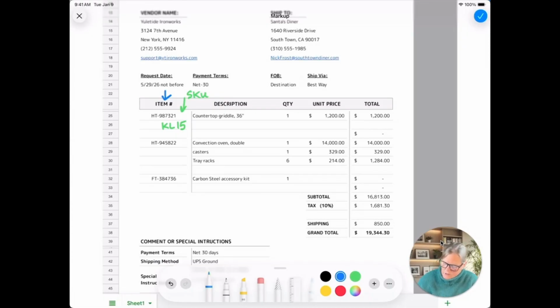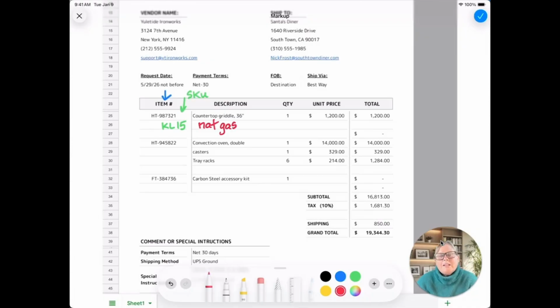So now we're moving over to the description. If you'll notice here, it says countertop griddle 36 inches. There's obviously information missing. First of all, you don't have a gas type. Typically, unless you're high altitude, you're going to have natural gas. So you should have had natural gas underneath.